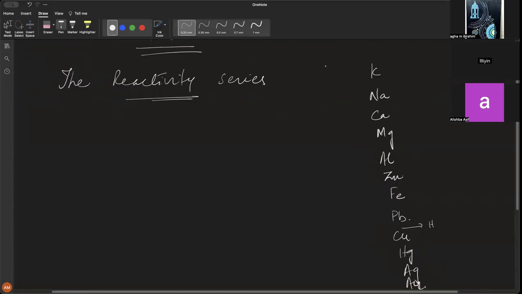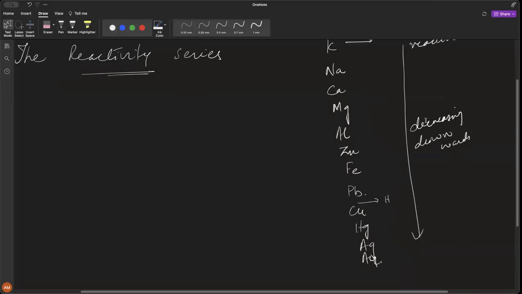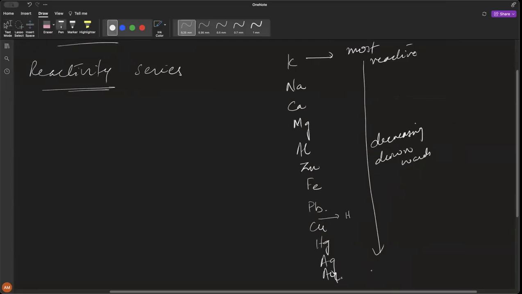This order of reactivity is in decreasing order, decreasing downwards. So potassium is the most reactive in this series, and Au, or silver, sorry, gold, is the least reactive in this series.